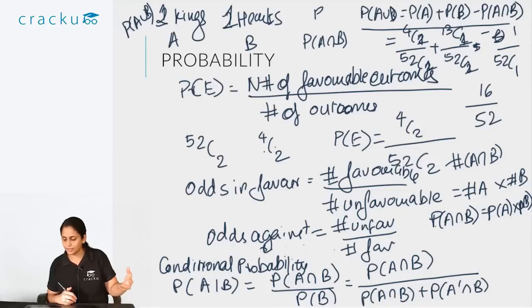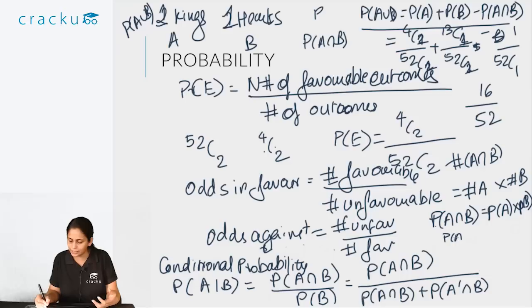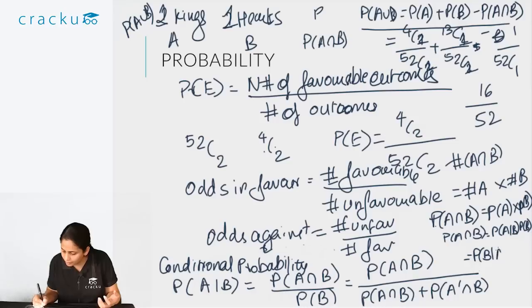Bayes theorem is essentially based on this, where you say P of A given B is equal to P of A intersection B divided by P of B. I can write P of A intersection B as P of A given B into P of B, and I can also write this as P of B given A into P of A. So Bayes theorem is essentially equating these two parts.